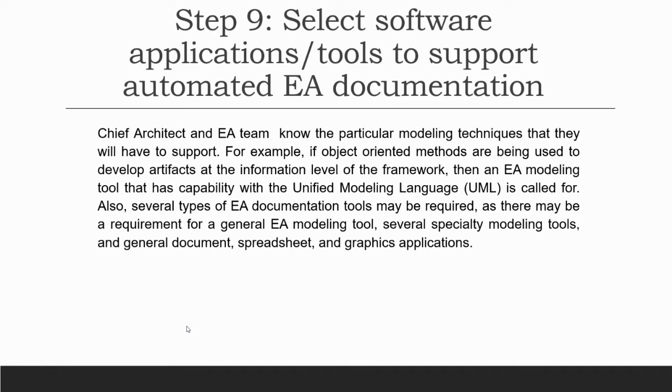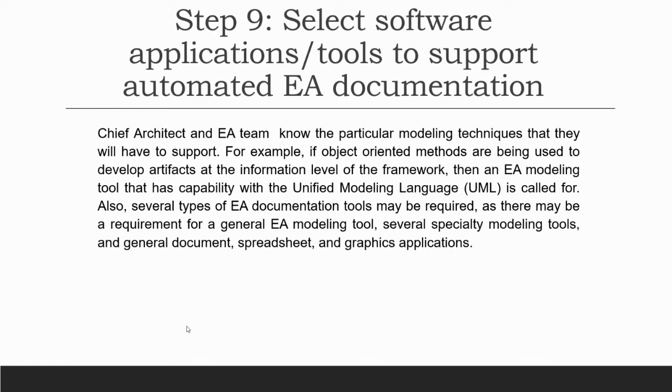On step 9, after the framework's functional areas or levels and the types of EA components are identified as in step 8, the requirements for EA documentation and artifact modeling may be developed.